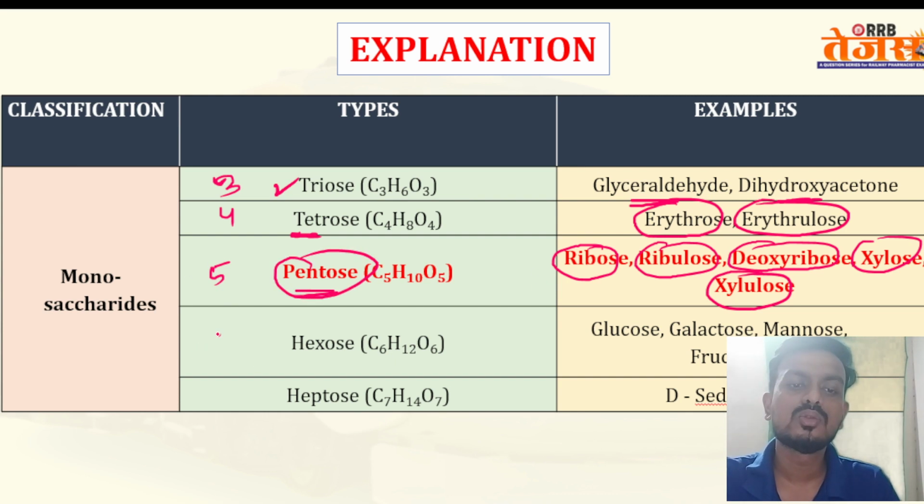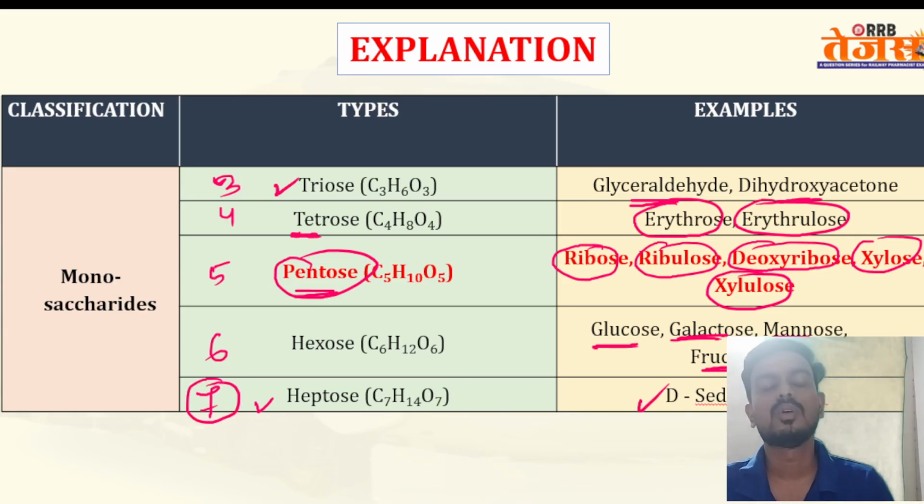Next is hexose sugar, when n equals 6. Examples are glucose, galactose, mannose, and fructose. Next is heptose, where n equals 7. The example is pseudoheptulose.